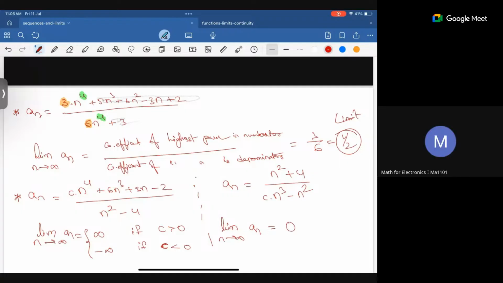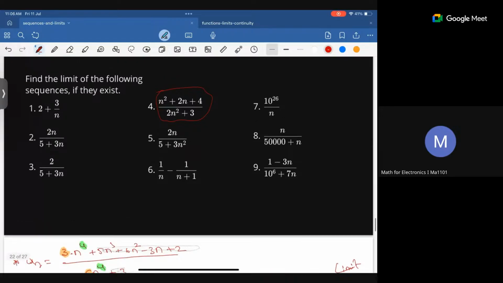Here we are lucky, for all C it will be 0. Even if C is positive or negative or whatever it is, the denominator dominates the numerator and it will eventually go to 0. So all the terms as n tends to infinity will go to 0. Okay, so that way you can decide.